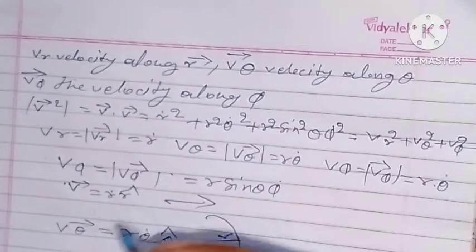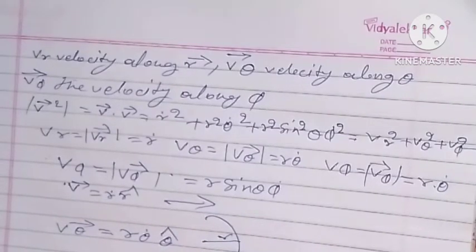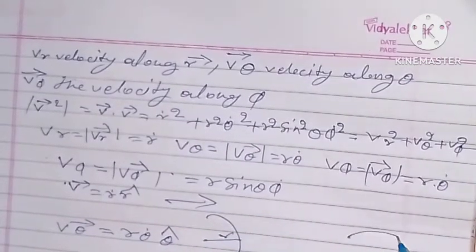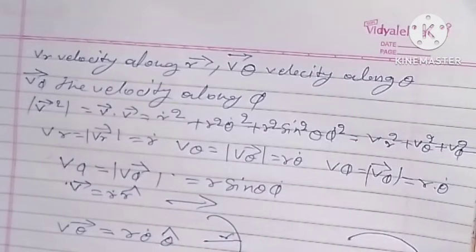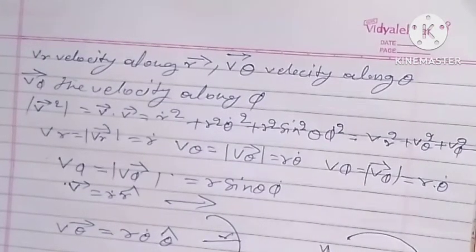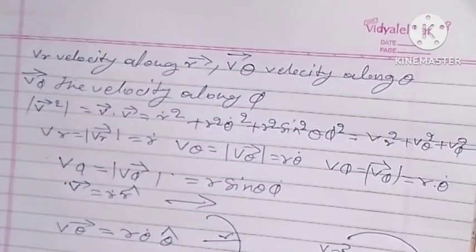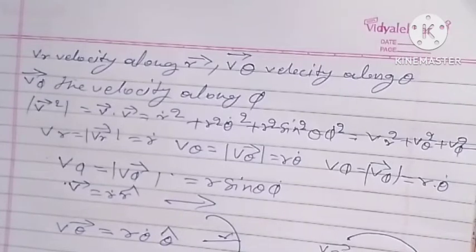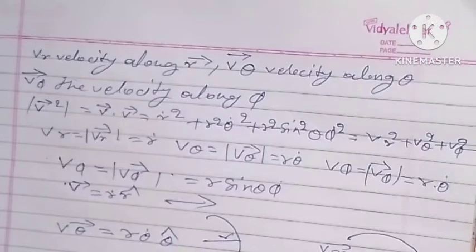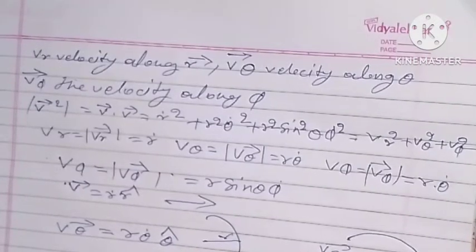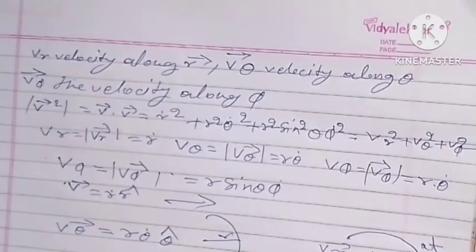If the particle moves along a curved path in a plane, it has both the components: vr along unit vector r and vector v theta along unit vector theta, at right angles to r.